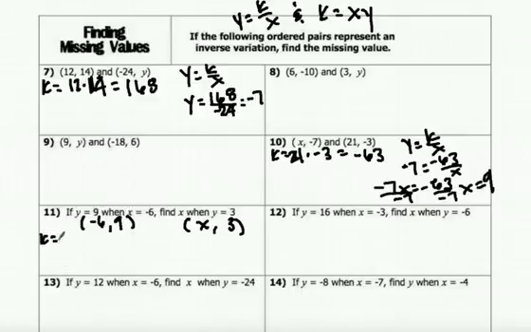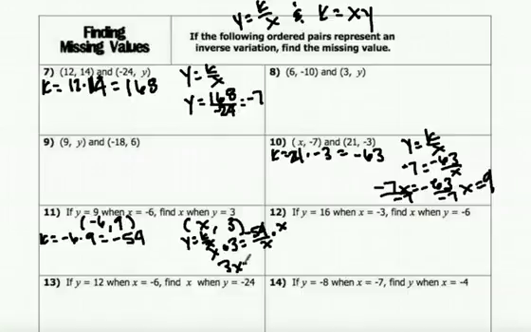So first I'm going to find k by saying negative 6 times 9, which gives me negative 54. Then I need to use y equals k over x and plug in what I know. So I know that y is 3, I know that k is negative 54, but I don't know what x is. To get x out of the bottom, I always have to multiply by the number on the bottom to get rid of a fraction.